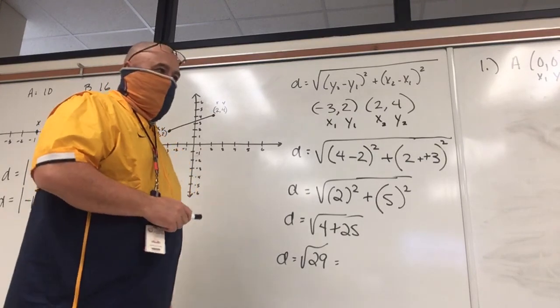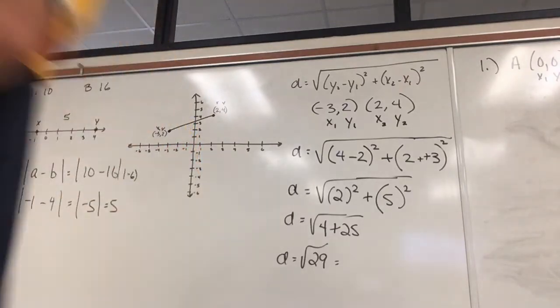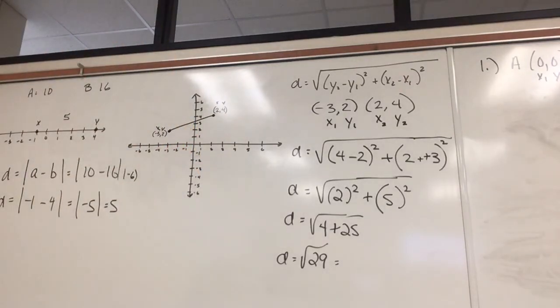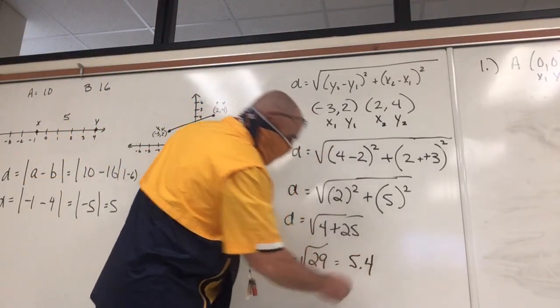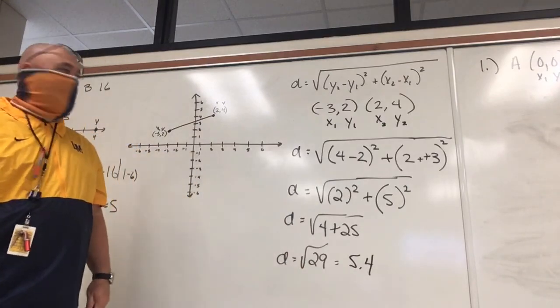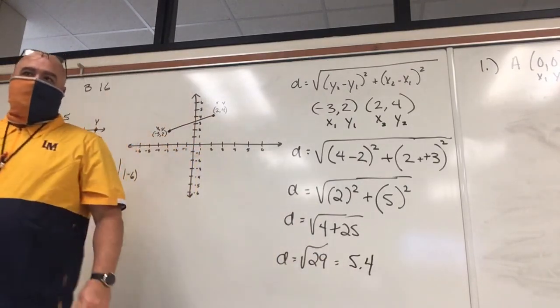Am I right? 5.38? Yeah, it's gonna be 5.4 rounded. So distance here is 5.4 or square root of 29. So from here to here is 5.4 spaces.